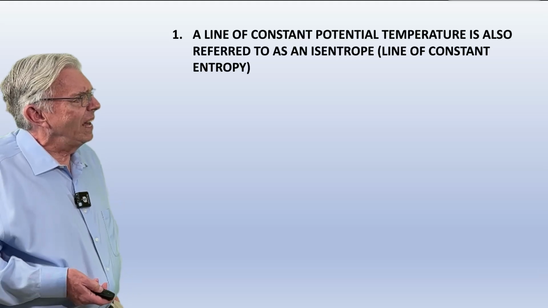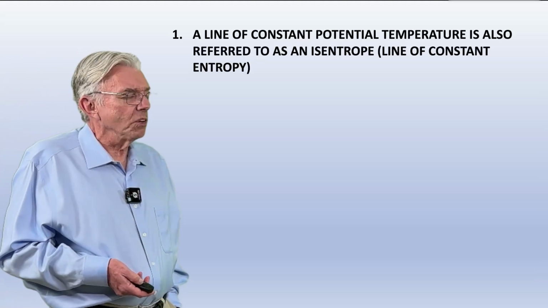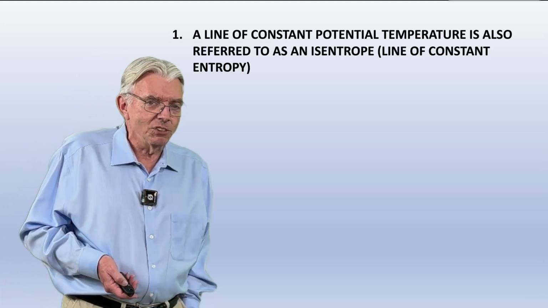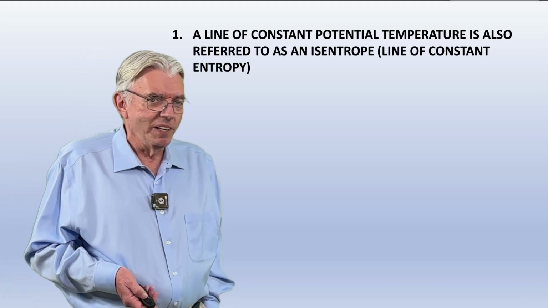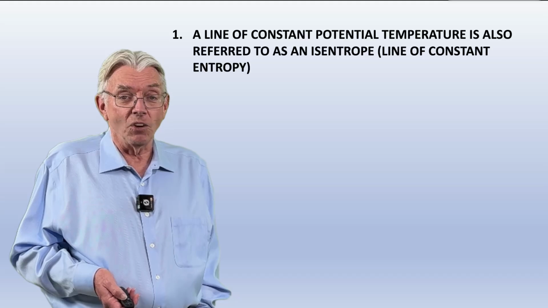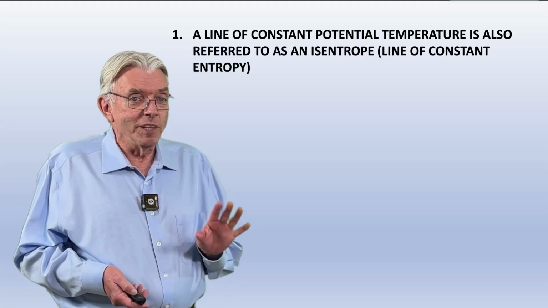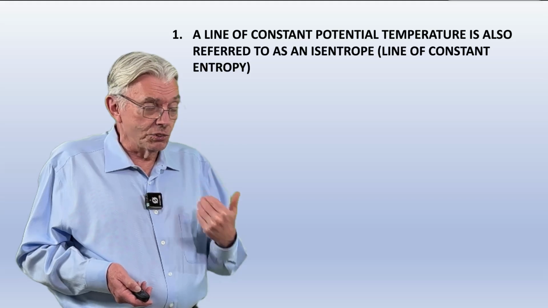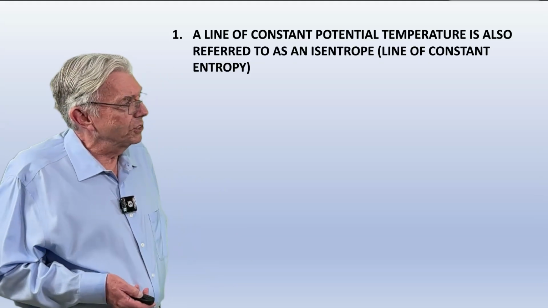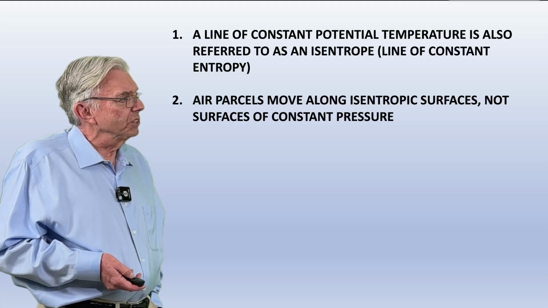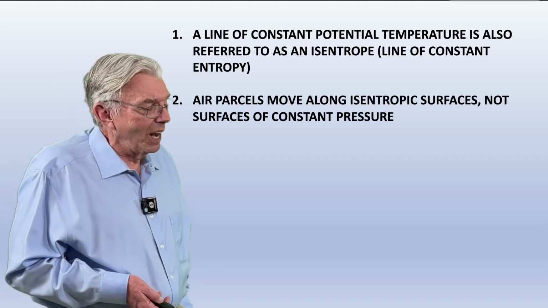A line of constant potential temperature is also referred to as an isentrope, which is a line of constant entropy. And I am not going to get into the definition of entropy because all of our heads will be spinning by the time I get done with that. So it's not really important, but these surfaces are called isentropic surfaces. Air parcels move along isentropic surfaces, not surfaces of constant pressure.